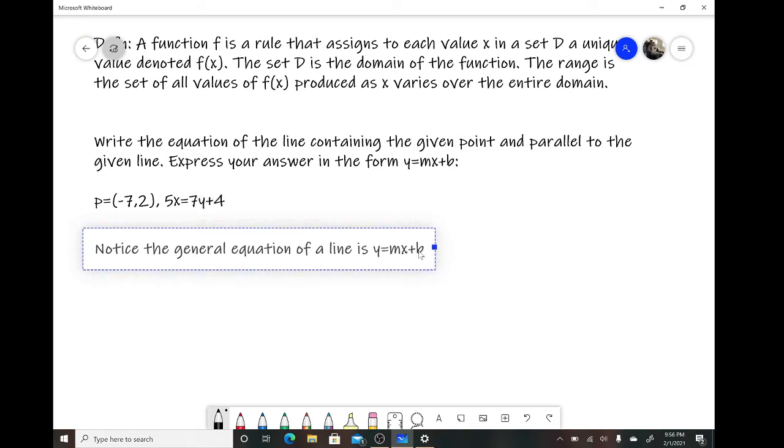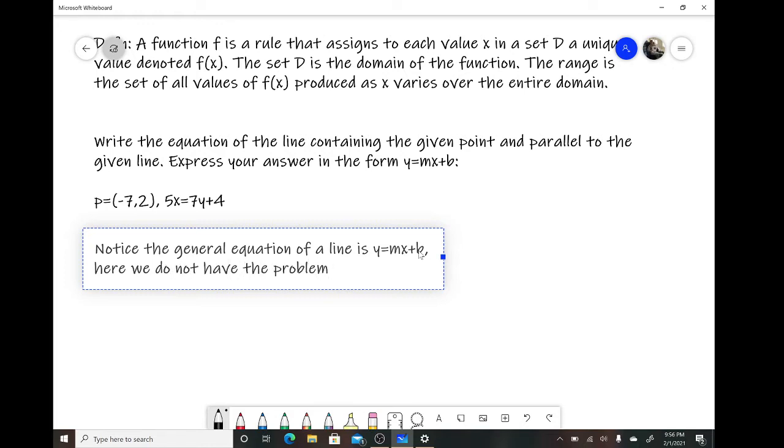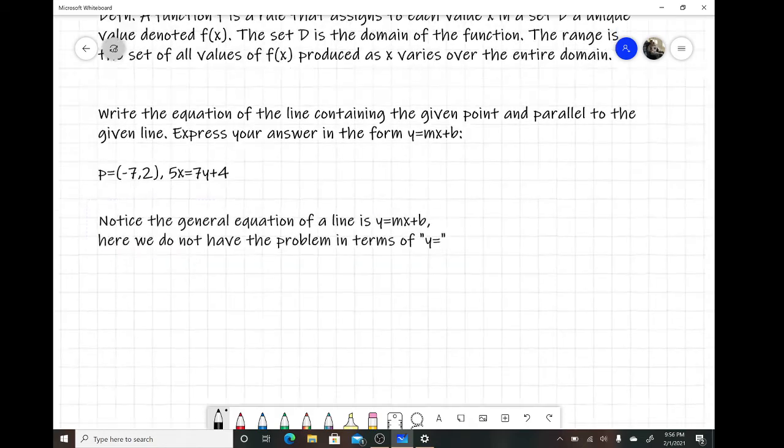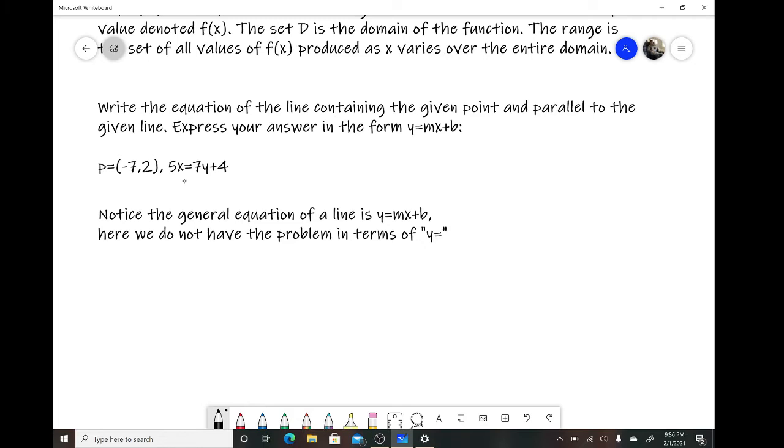Here, in the problem given, we do not have the problem in terms of y equals. So we first need to rewrite this equation. So we have 5x equals 7y plus 4.